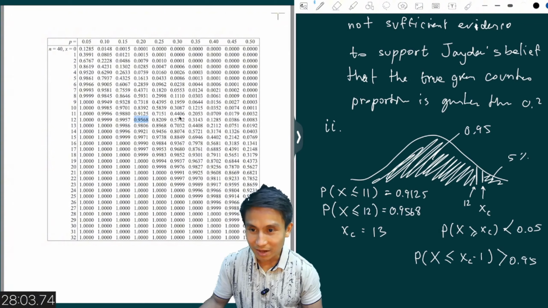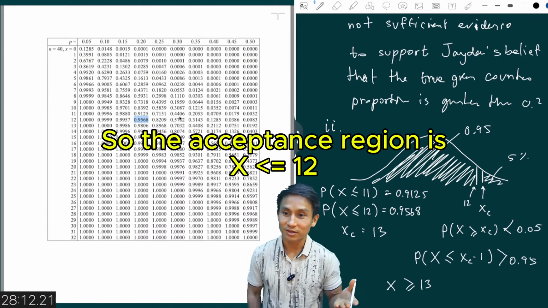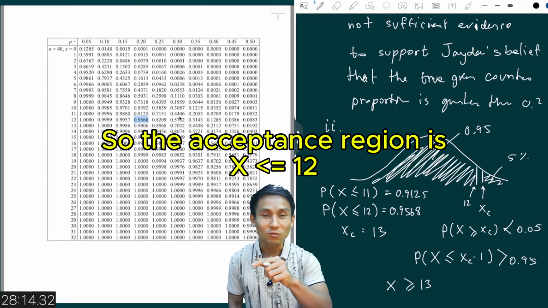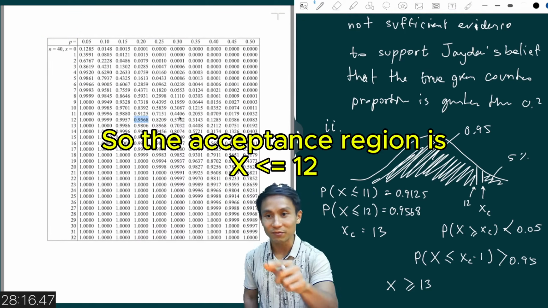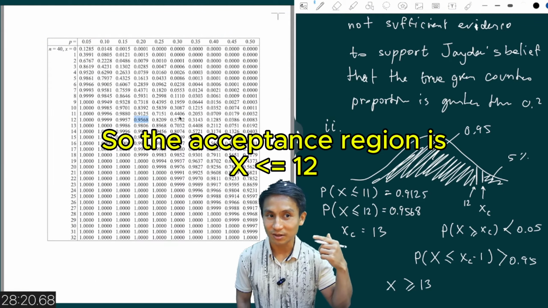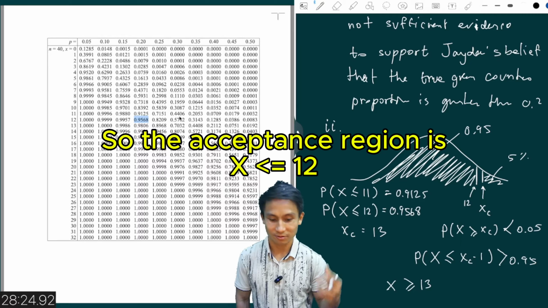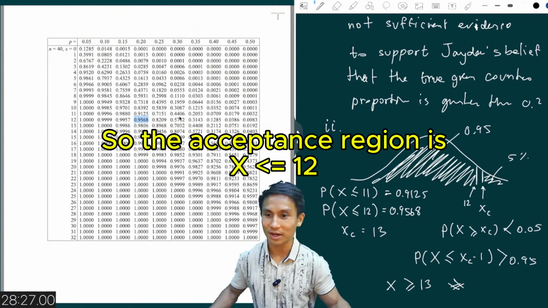That means the critical region would be x greater than or equal to 13, and anything below is the acceptance region. That's why 11 wasn't critical, so 11 wasn't there to make us reject the null hypothesis. This is the answer to part II.